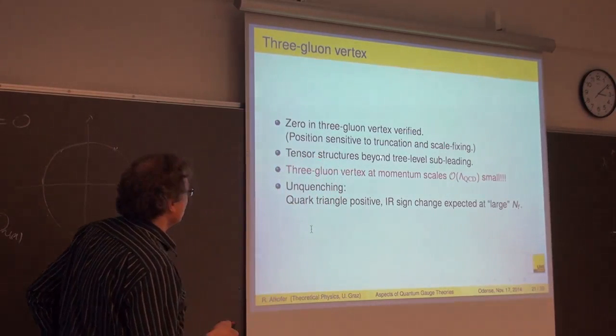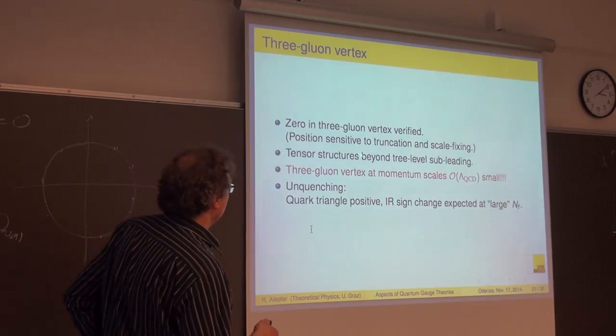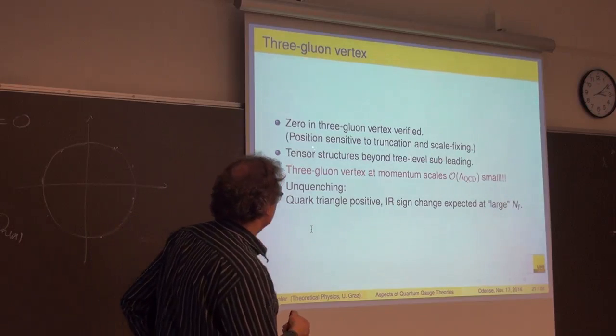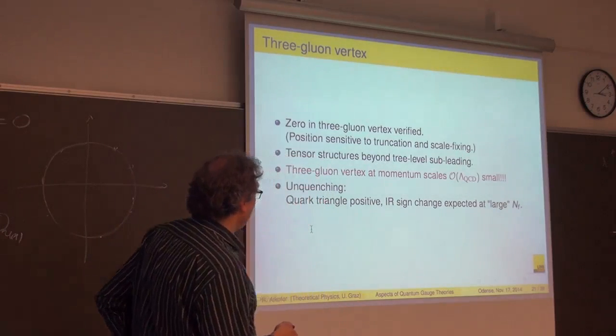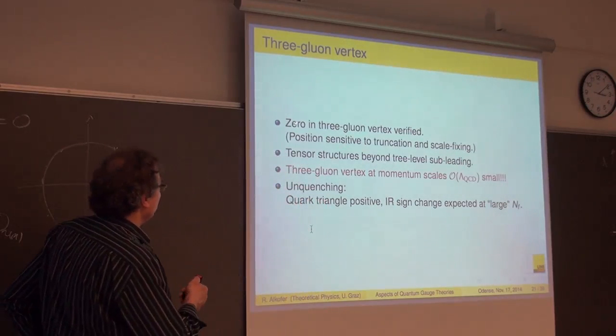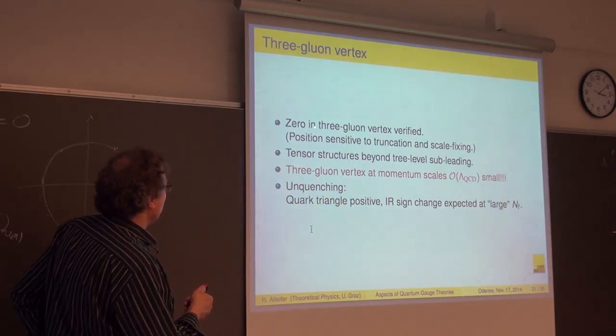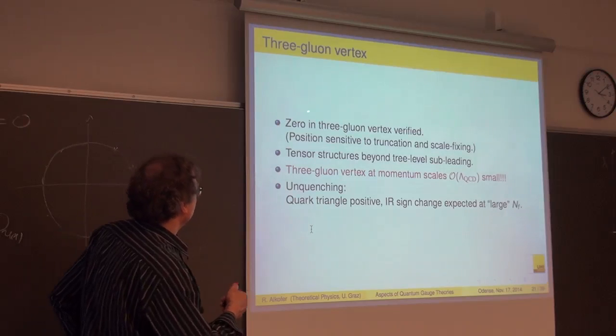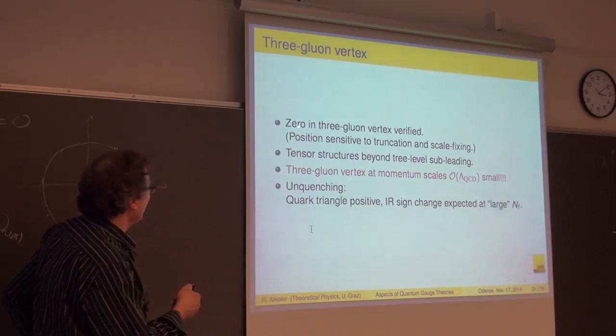The tensor structures beyond tree-level tensors are subleading, so we basically can describe this piece with one tensor structure. And the main point of having the zero here is not so much that it turns negative at this point. This is really an extremely low momentum.